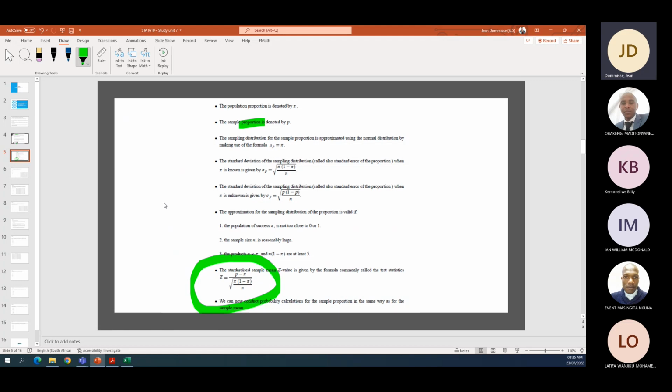But I also think what is important from this is to see what the standard error is again. So those two are the two standard errors that we work with. So again, if I ask you in the test or in the assignment or in the exam about standard error, those are the two for the proportion that you can use.